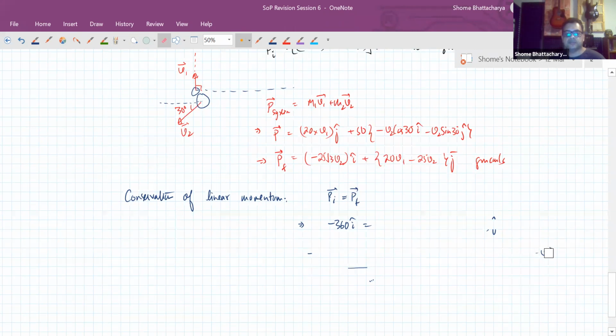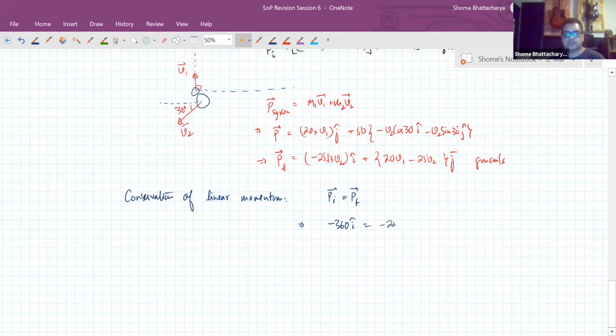With the adjustment made to the angle of deflection for the second body, which is much heavier, it doesn't seem logical that it deflects by such a large angle as 53. So instead we have taken it as 30. Now the final momentum being equated with the initial momentum, we get this relation.